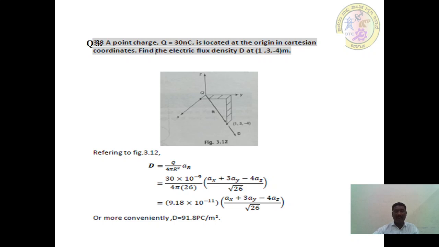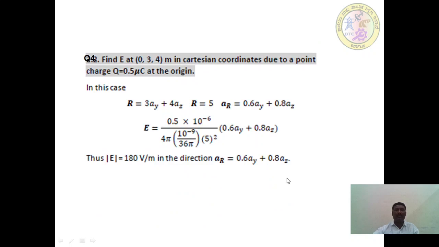Here, remembering the equation is important, then substitute the given values and simplify, and finally you can get the value. See that Q is 30 nanocoulomb, this is the AR value, this is R, then simplify it, and finally you can get the value D is equal to 91.8 picocoulombs per meter square.